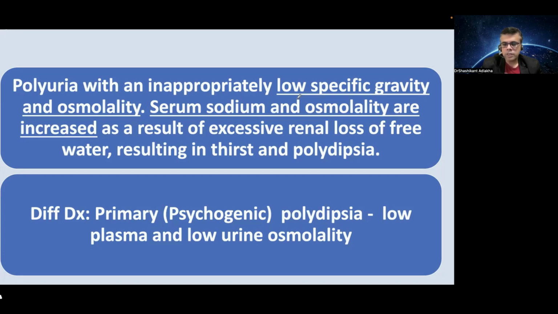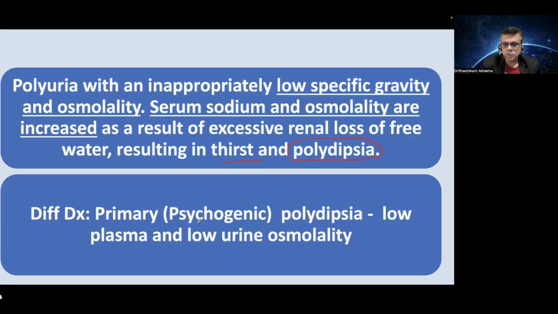And this differentiates it from diabetes mellitus, where you will get increased specific gravity and osmolality due to excretion of glucose in the urine, whereas here there will be low specific gravity and osmolality in diabetes insipidus. And because of increased serum sodium level and increased osmolality, it will sensitize the osmoreceptors in the hypothalamus of the brain to cause increased thirst generation, and polydipsia will result from that.